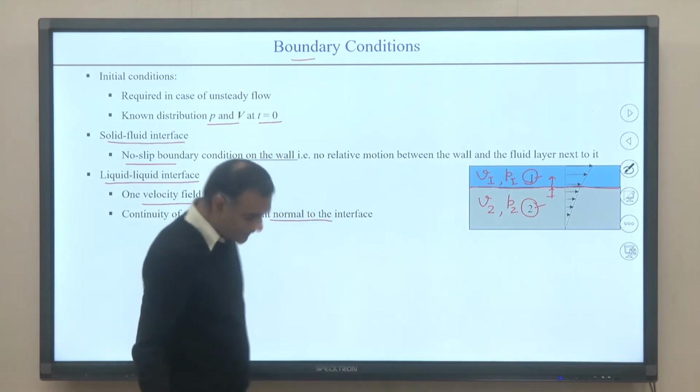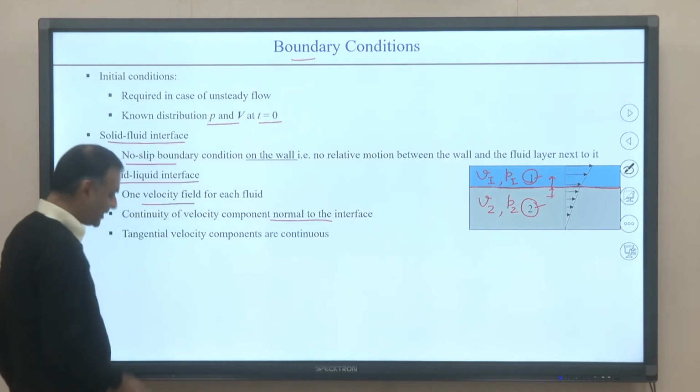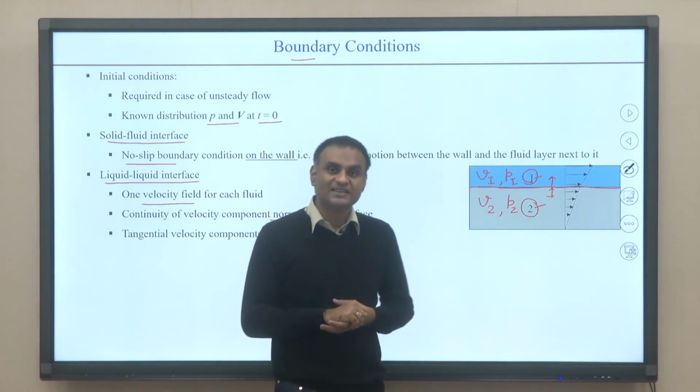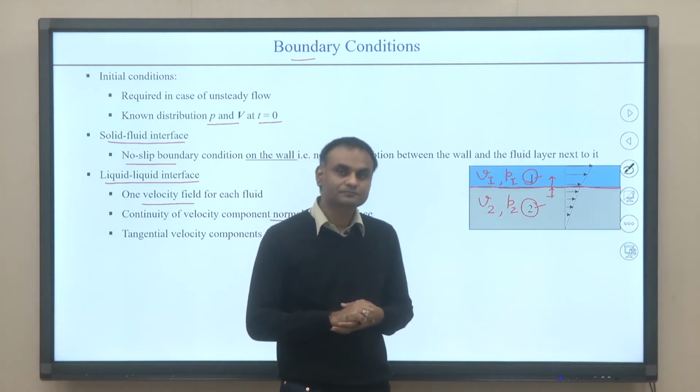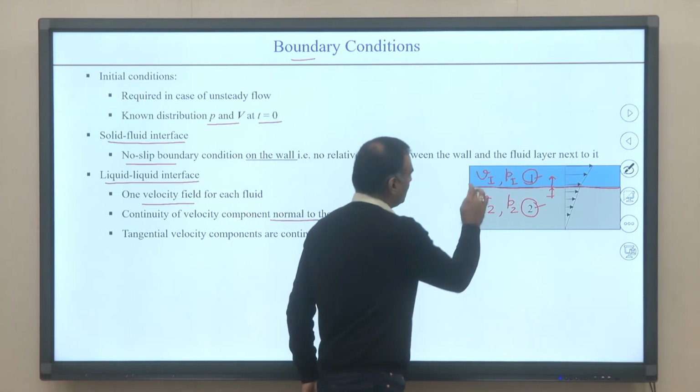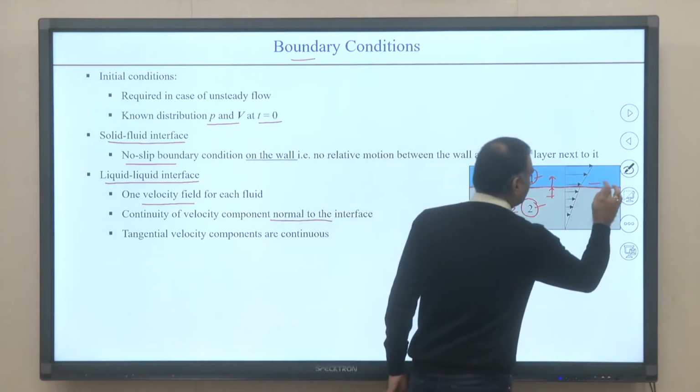The other component of velocity is the component which is tangential to the interface. The velocity component tangential to the interface will also be equal. So, the tangential velocity will be continuous.